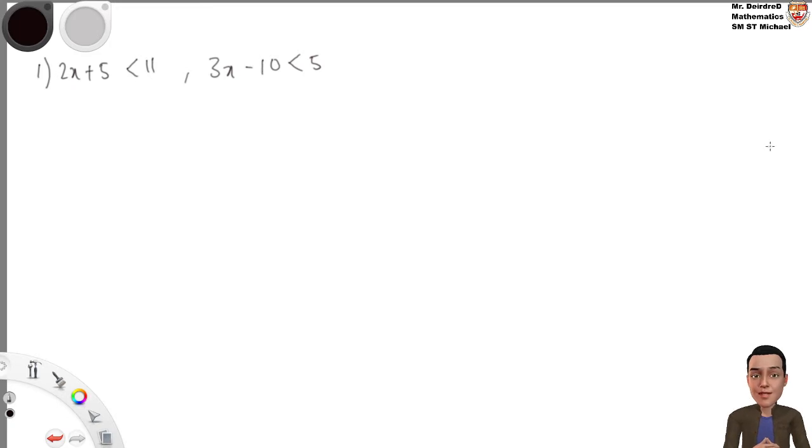Step by step, the first step that you need to do is simplify each of the linear inequalities to the simplest form. So how are we going to do that? Each linear inequality. This is the first step.